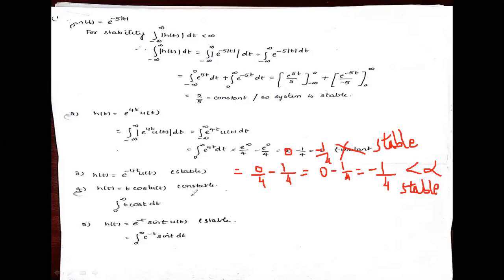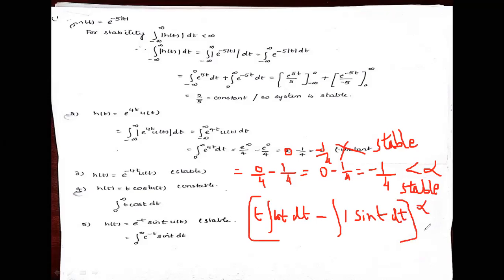First take t and integrate cos t dt, minus the integral of the derivative of t, which is 1, times the integral of cos, which is sin t, dt. Apply the integral from 0 to infinity. Why is it 0 to infinity? Because of the mu of t here.